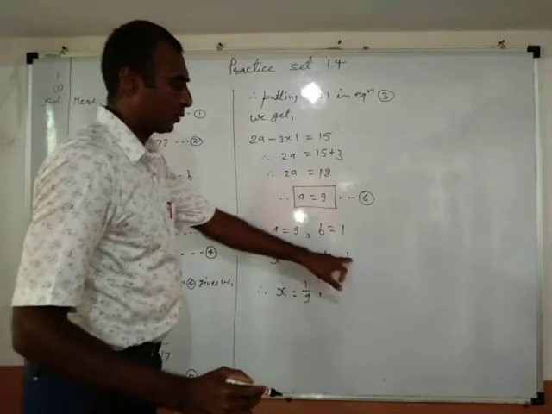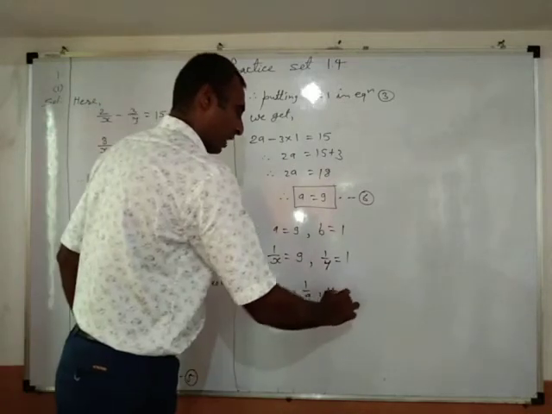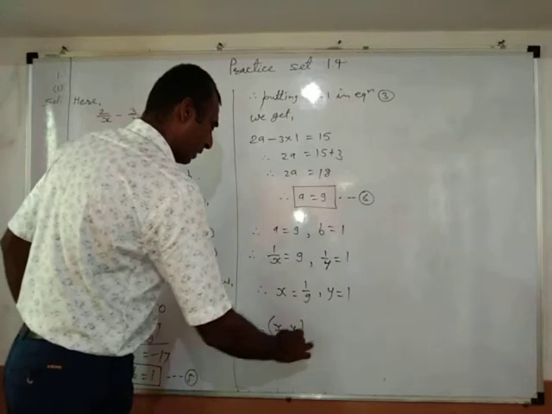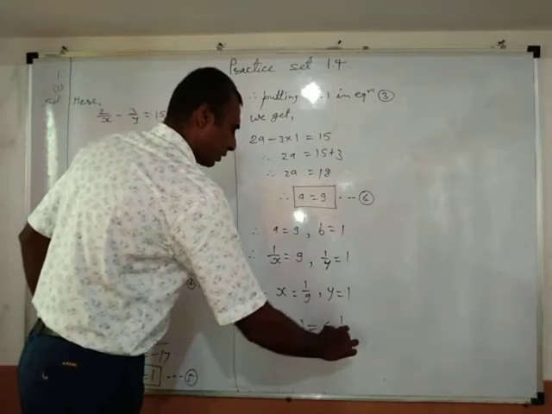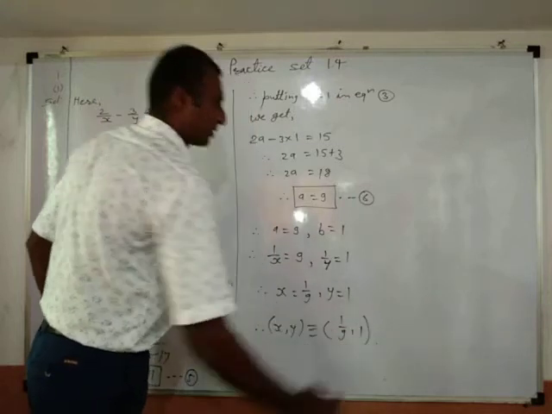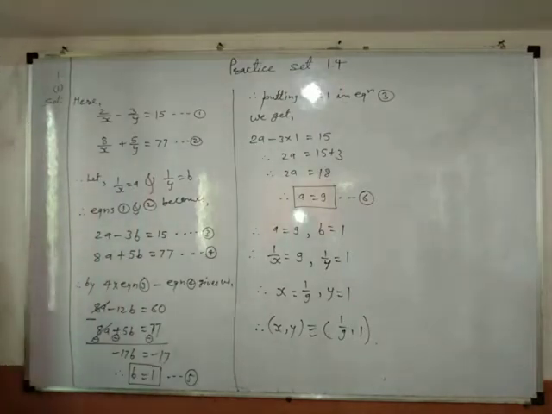Similarly, 1 upon y equals 1 by 1, and therefore y will be 1. Hence the pair x, y has values 1 upon 9, comma 1. This is the solution for the given simultaneous equations.